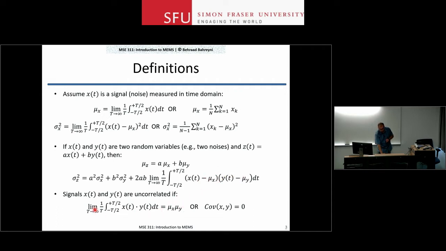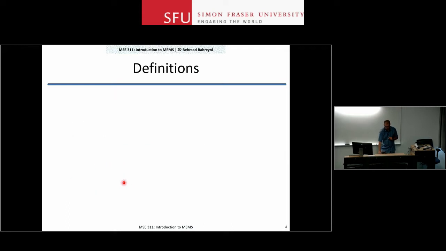And if the first part is equal to that, the entire integral here will go to 0. We went through it in a little bit of a confusing way. Just write it out and then you can see it for yourself. Okay? So if x and y are uncorrelated, then this integral is 0, and my sigma z is just given by these first two terms here: a squared sigma x squared plus b squared sigma y squared.